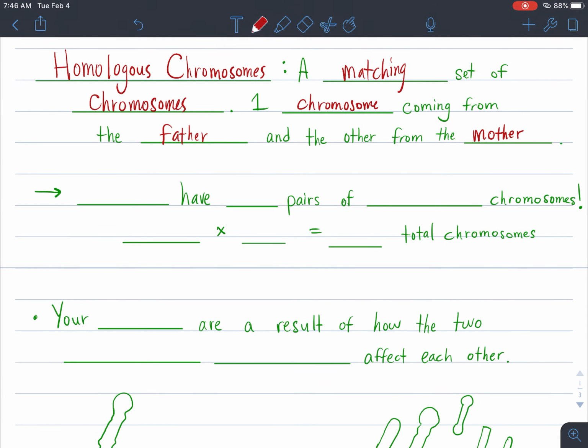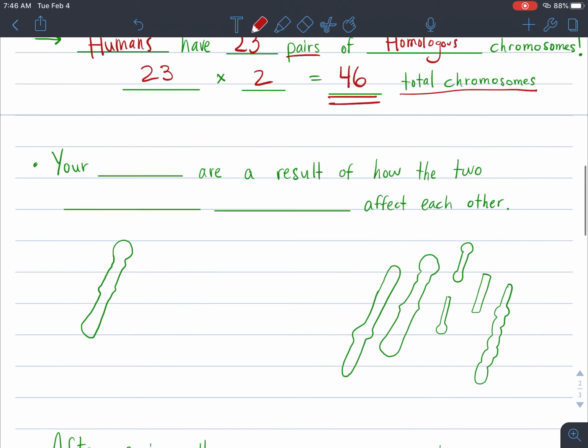Now, humans, not all animals or species or plants or anything, but humans in particular have 23 pairs of homologous chromosomes. So that means if we have 23 pairs, 23 times 2 means that if you were to count all of our chromosomes, we have a total of 46 total chromosomes.